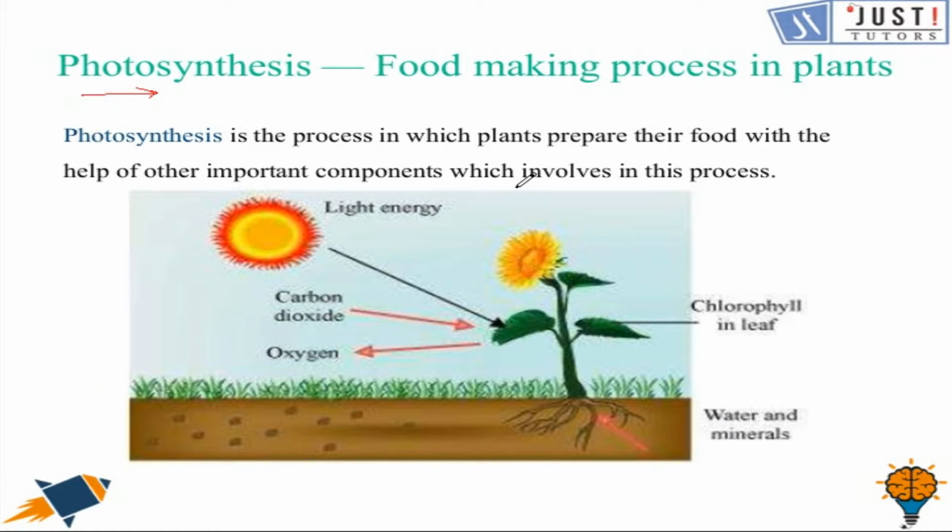So we can say photosynthesis is the process in which plants prepare their food with the help of other important components. The main components involved in photosynthesis are chlorophyll, which is present in green leaves, sunlight, which plants obtain from the sun, water, and carbon dioxide, which is present in the atmosphere.